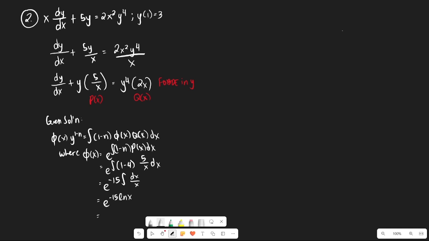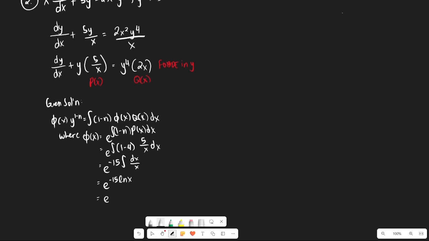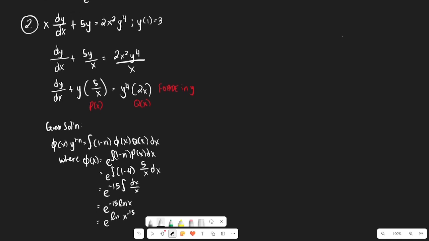So you're going to have e raised to ln x raised to negative 15. By the property of the logarithm, where you have e raised to ln of any expression, you just bring down the expression and remove the e raised to ln part. So you're just going to have x raised to negative 15.